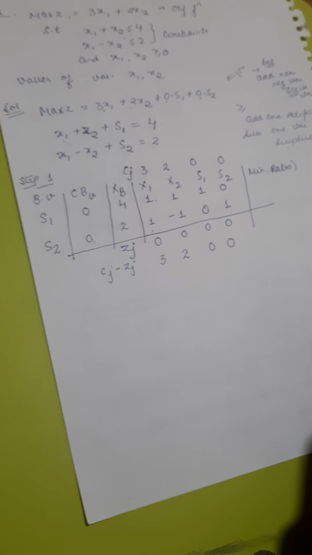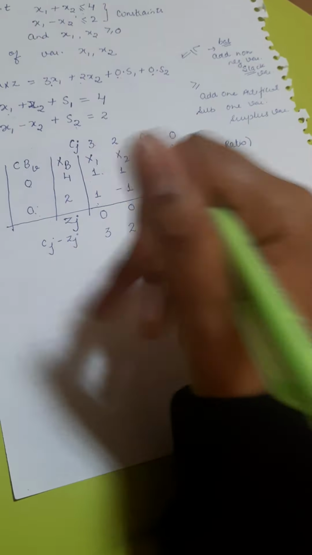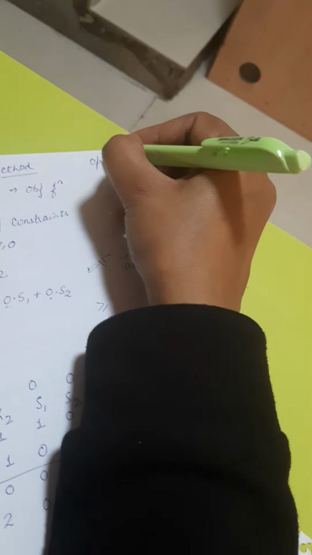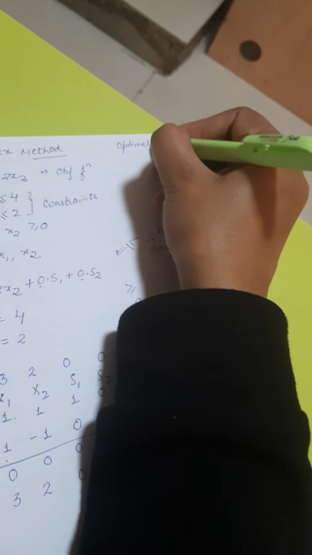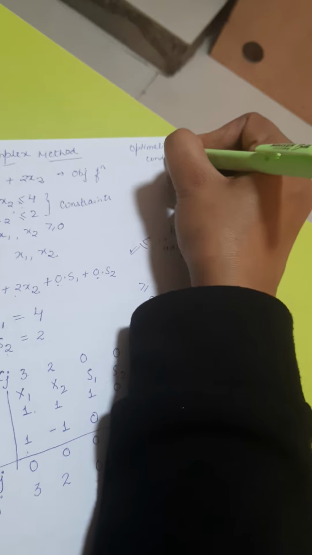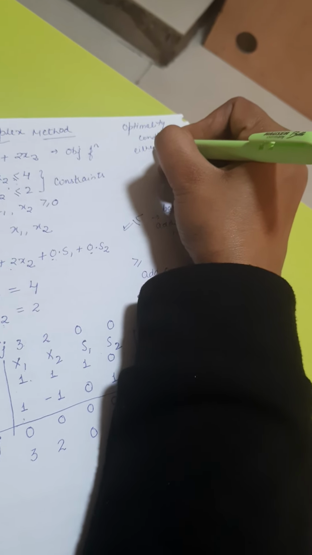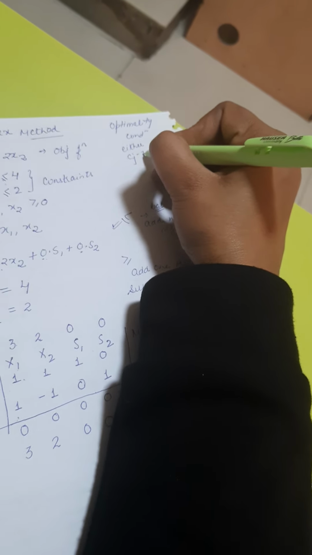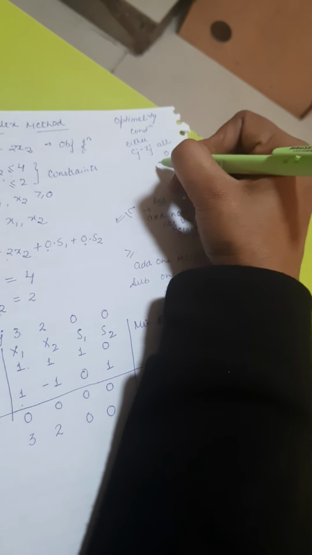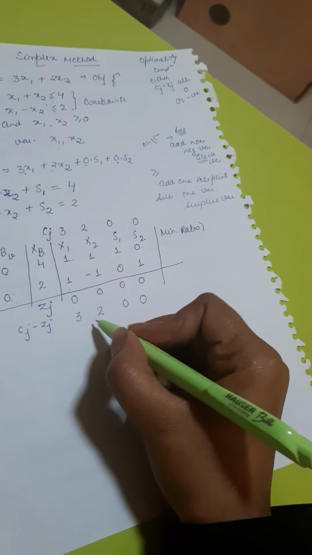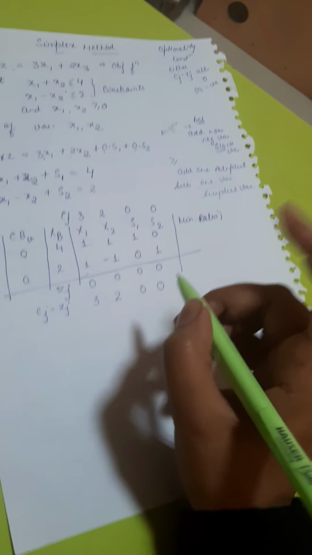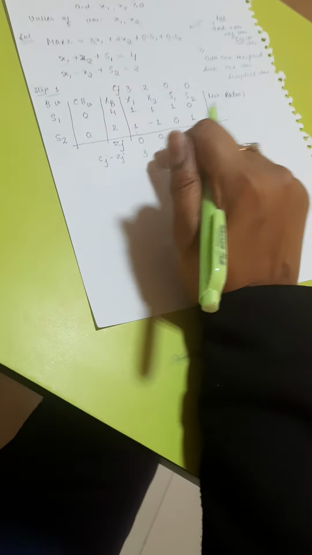Now, the condition to reach the optimal solution in this maximization problem, the optimality condition, is that all Cj minus Zj are zeros or negative. So it can be 0, but there are two positive values, so it should be negative also. So all zeros or negative.